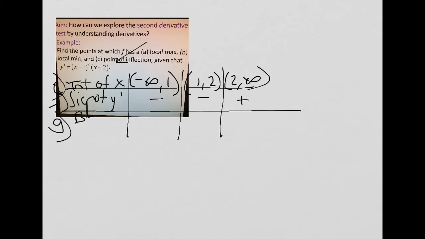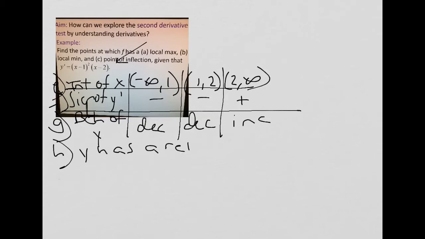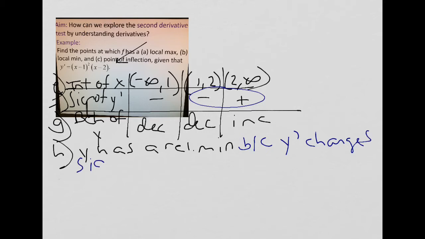So the behavior of y is that it's decreasing, decreasing, increasing. So for H, I can state that y has a relative min, because, I don't want to say f since I was using y, because y prime changes sign from negative to positive.